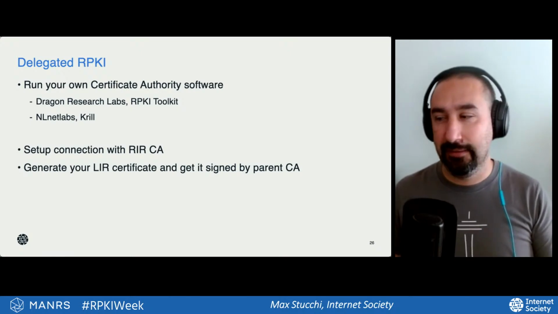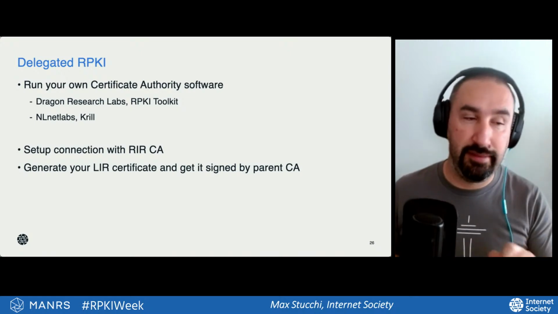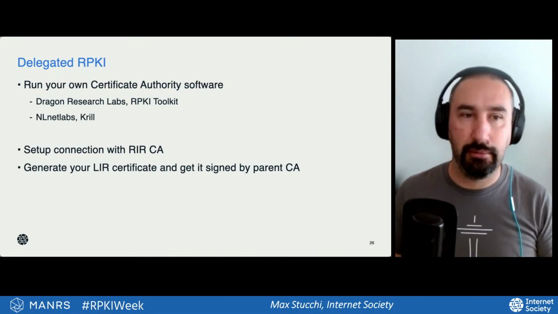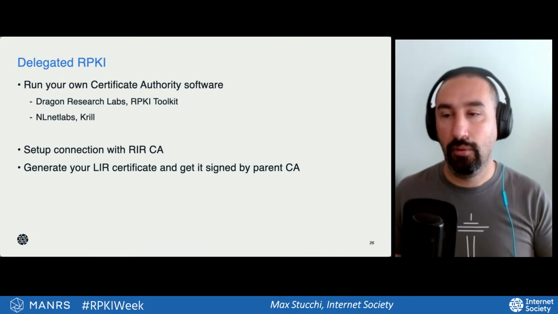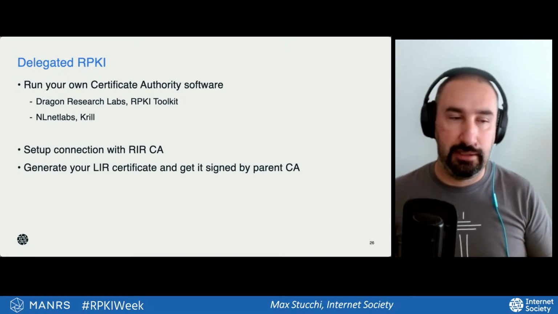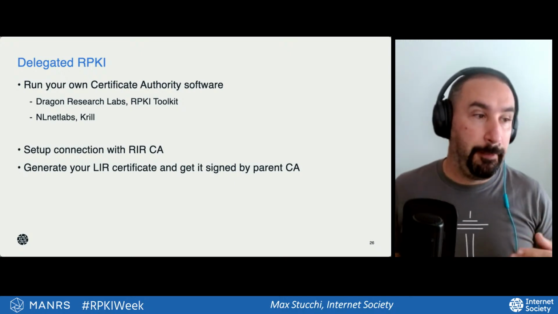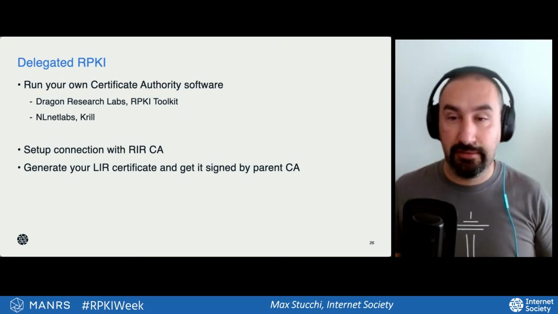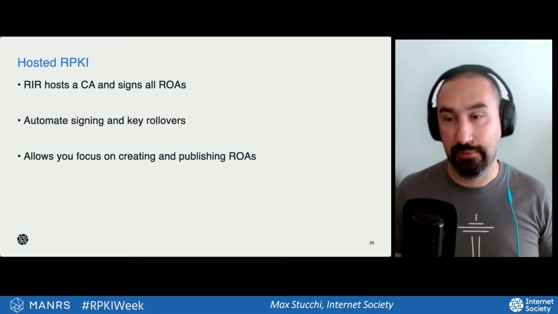So delegated RPKI, to sum it up, is not that complicated. It just requires you to run additional software, maybe set up an additional VM or an additional physical server. It gives you the same exact functionalities you get from hosted RPKI, which is very, very simple instead.